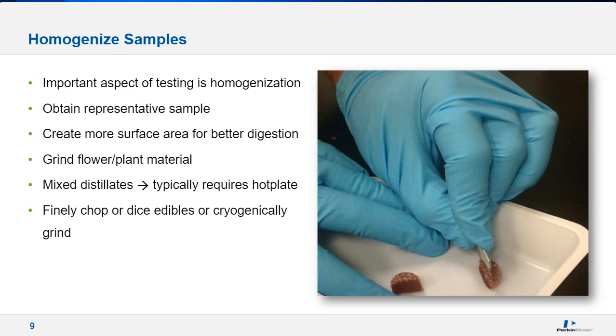In the case of distillates, we typically warm them up so they're a little less viscous, so we can homogenize them and then take a subsample. Edibles, you typically want to either finely chop the edibles or even cryogenically mill them. That's a great way to homogenize those sample types.